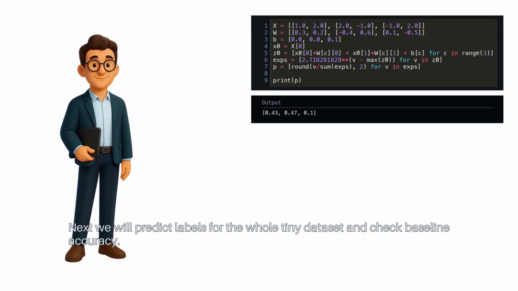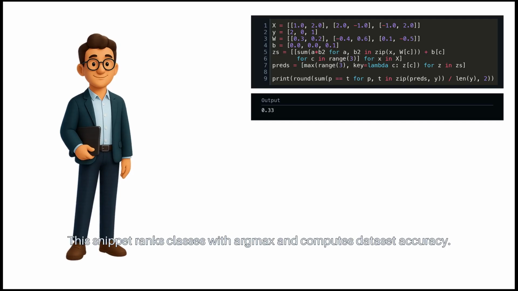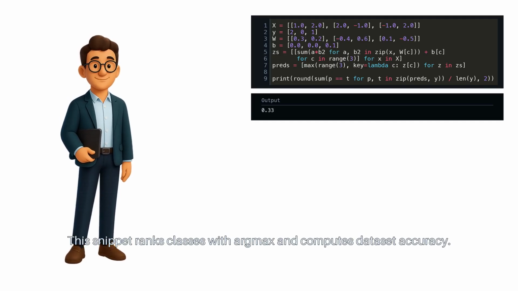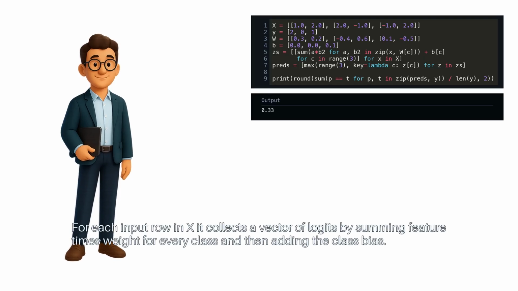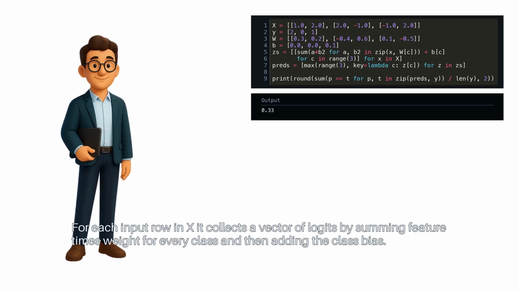Next, we will predict labels for the whole tiny dataset and check baseline accuracy. This snippet ranks classes with argmax and computes dataset accuracy. For each input row in X, it collects a vector of logits by summing feature times weight for every class, and then adding the class bias.